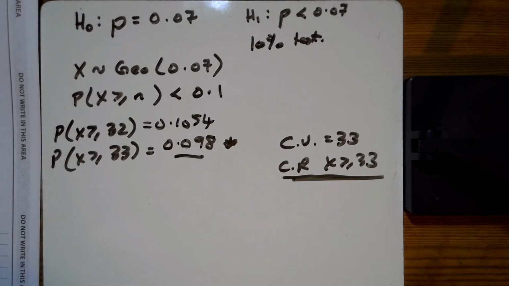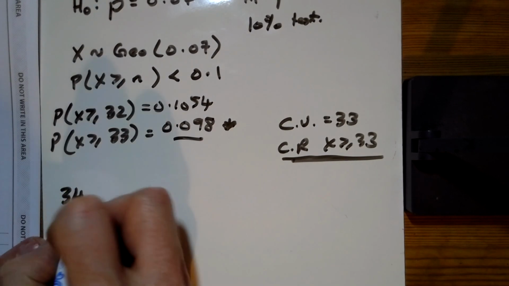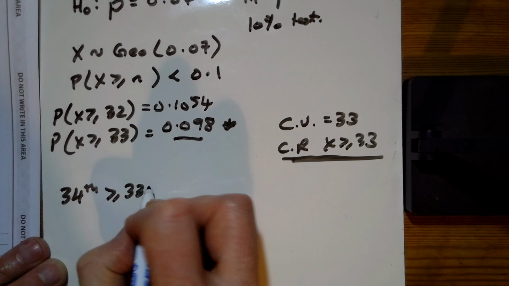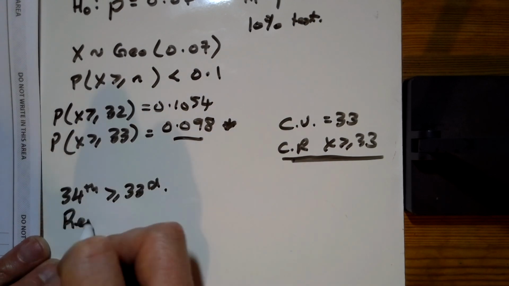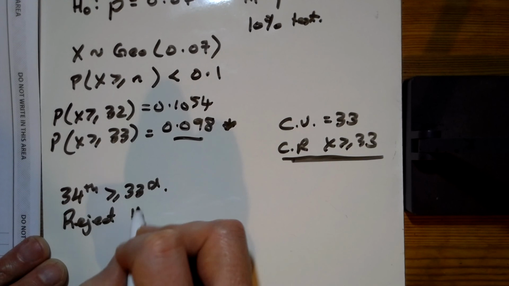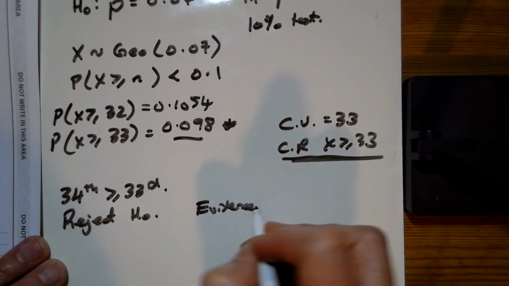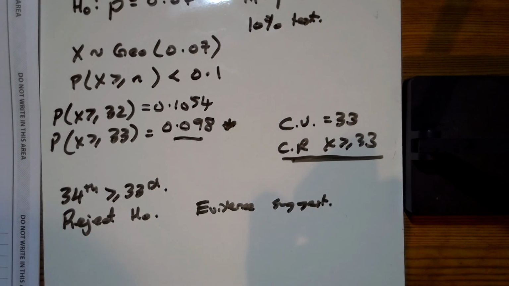Jerry gets a red counter for the first time on his 34th go. So the 34th go is greater than or equal to the 33rd go, isn't it? So that's enough evidence. So on that basis, we would reject H0. And now in context, just copy exactly what it says.